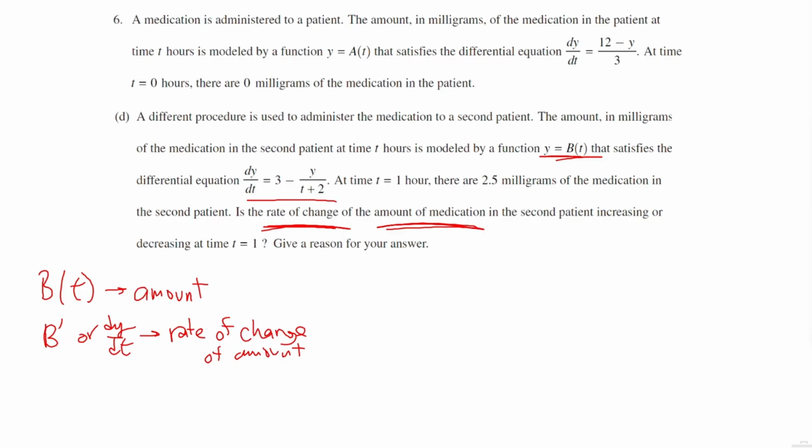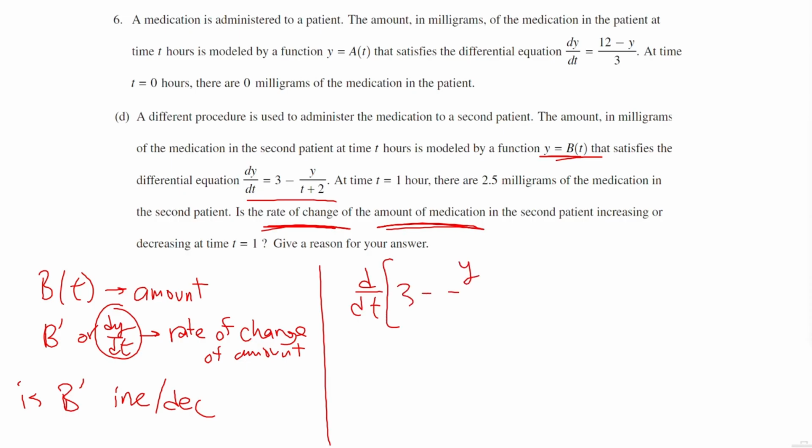So we want to know, is dy dt, or is b prime, increasing or decreasing? And so in order to figure out if something is increasing or decreasing, you need to take its derivative. So what we need is the derivative with respect to t of 3 minus y over t plus 2. In order to do that, we'll have to use the quotient rule and some implicit differentiation here.